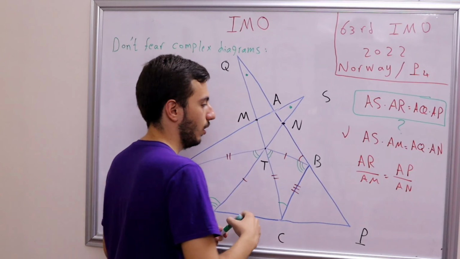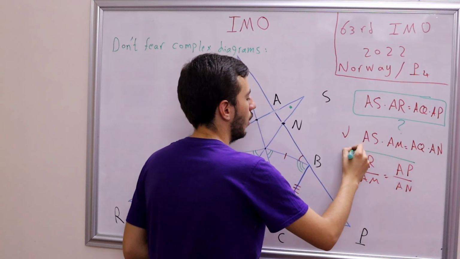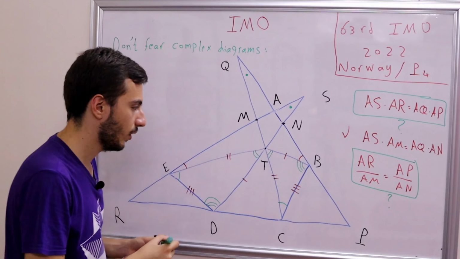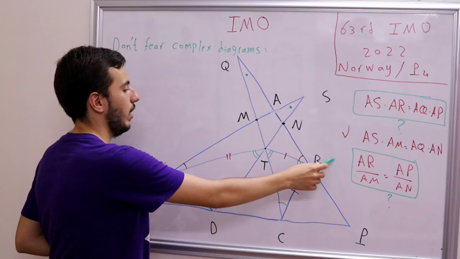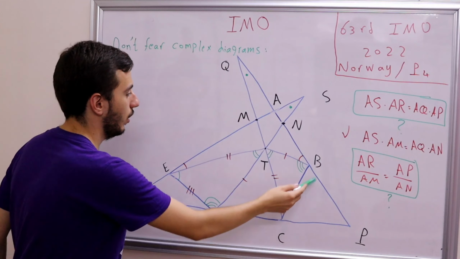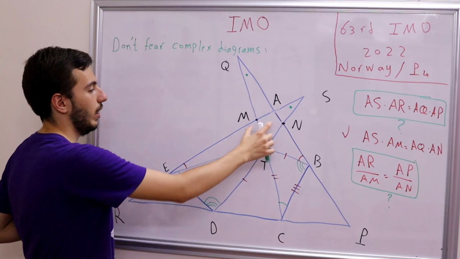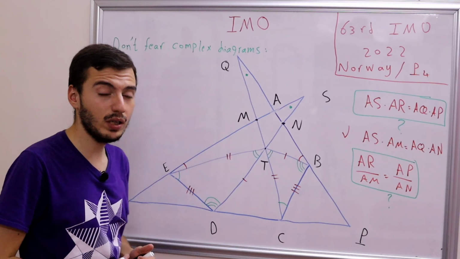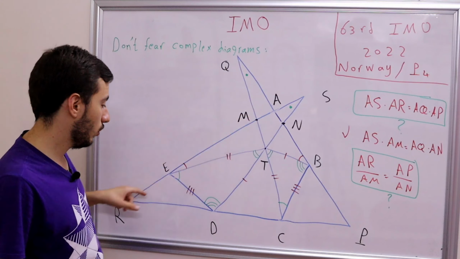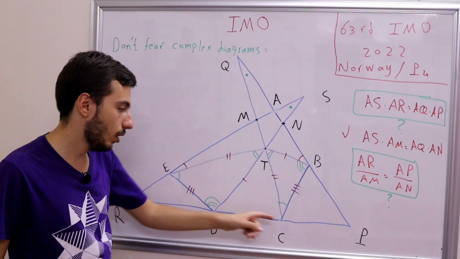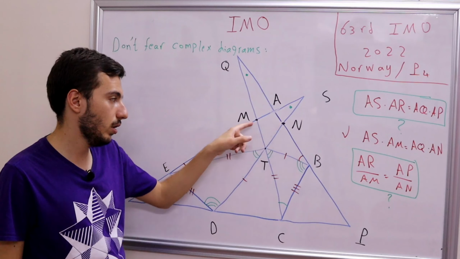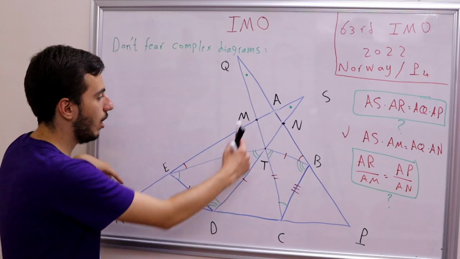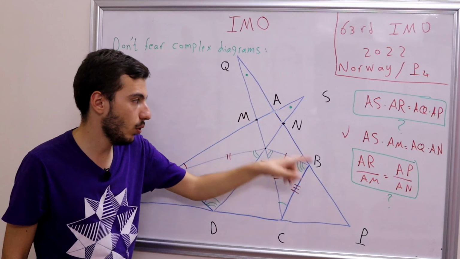So this seems simpler. So AR over AM equals AP over AN. Guess what? What does that mean? Like if you have a triangle ARP and you have 2 points on the two sides here, M and N, and you know that AR over AM equals AP over AN.